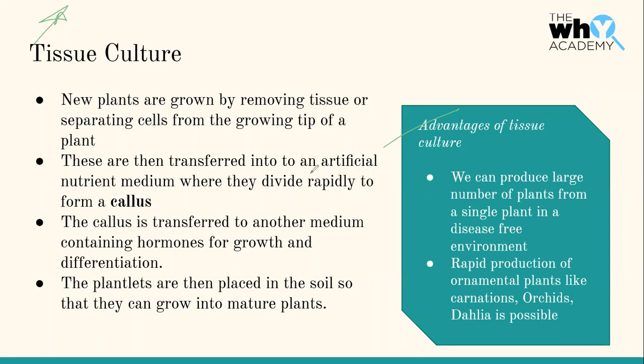These are then transferred into an artificial nutrient medium where they divide rapidly to form a callus. This undifferentiated mass of cells which forms is called a callus. That callus is then transferred to another medium containing hormones for growth and differentiation. And then they are placed into the soil so that they can grow into mature plants.